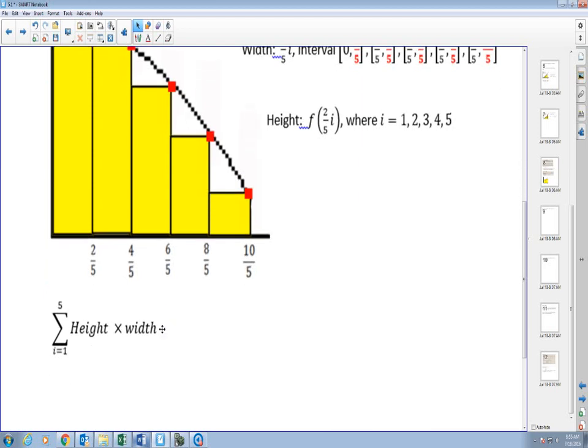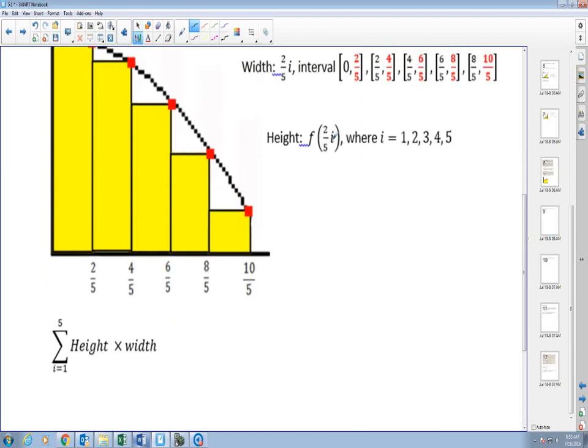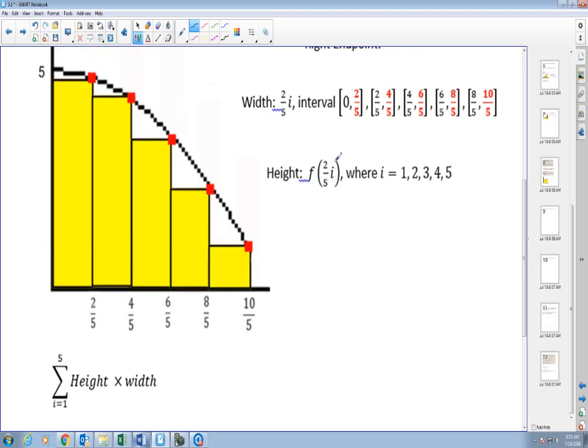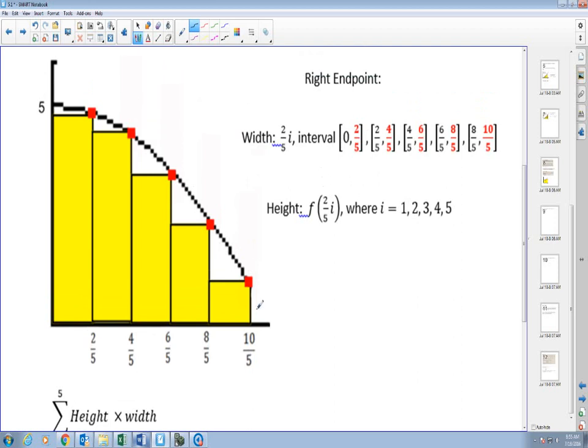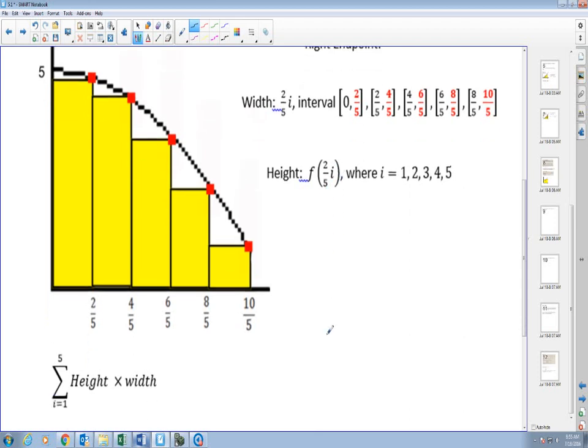Alright, so the height is f of 2 over 5i. That's where I will evaluate the x value at the right endpoint. Every x value at the right endpoint is called 2/5 i.